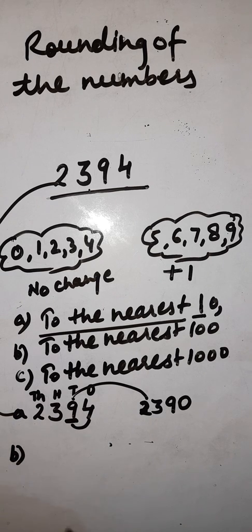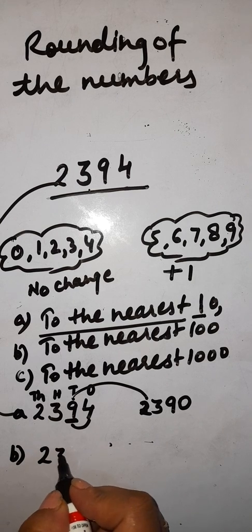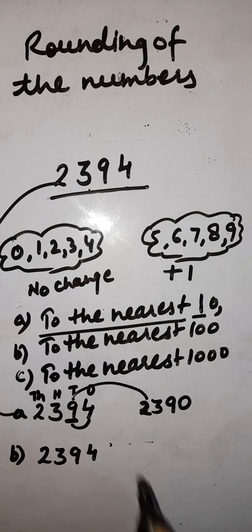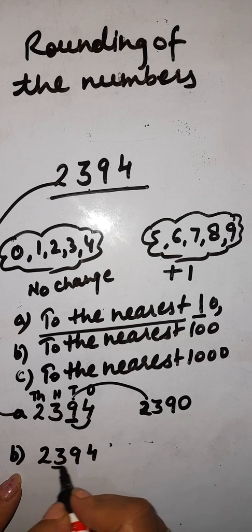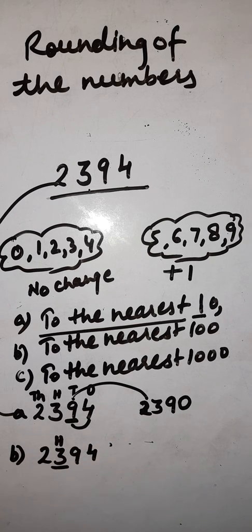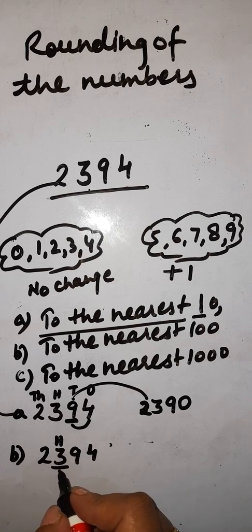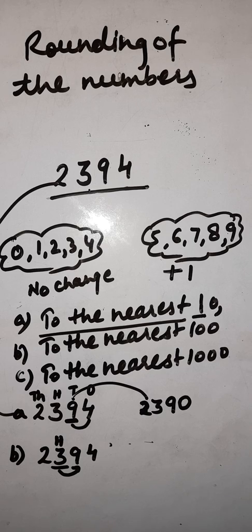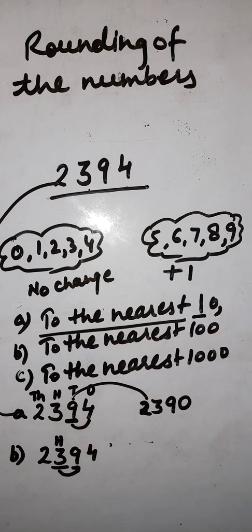Now part B, we have to round off to the nearest 100. So 2, 3, 9, 4. Now look here: ones, tens, 100, 1000. So this one is the 100 place. 3 is in the 100 place. Now look at its next place digit. This one, 9. Okay children, 9 comes on the greater side: 5, 6, 7, 8, 9.